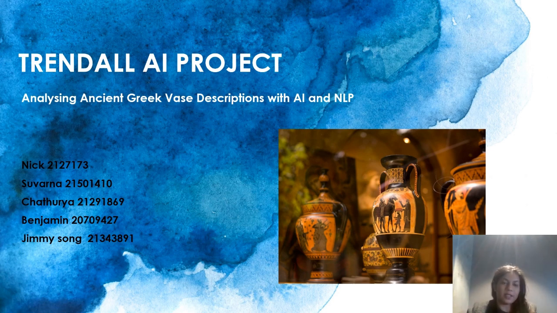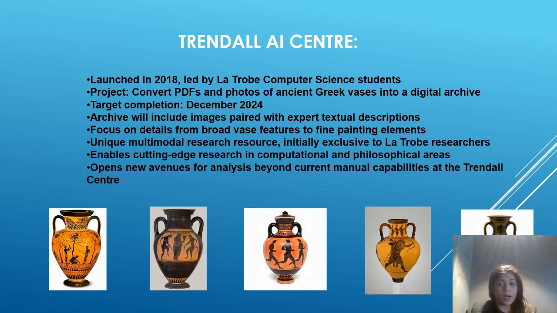So without much ado, let's move on to the next slide where I will give you Trendall AI Center, which basically is a research center that was developed in 2018 and launched, led by Latrobe University and worked upon by a group of computer science students as well as researchers, where its main vision and goal lies in converting PDFs and photographs of ancient Greek verses, and making sure that there's a digital archive created by the end of all this, so that researchers such as Trendall, who has contributed to this field in the past, their work doesn't get forgotten.